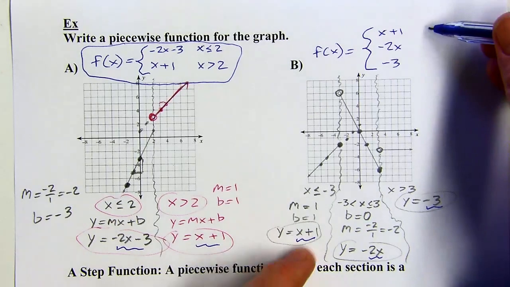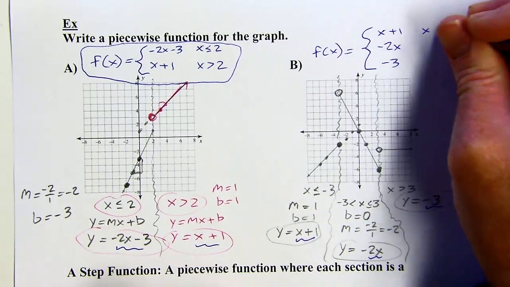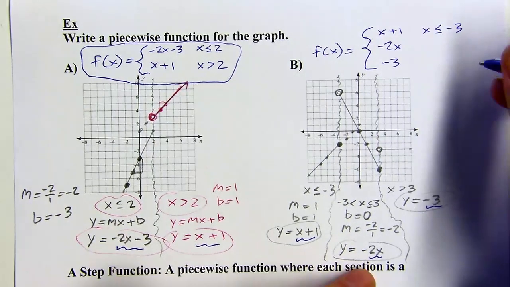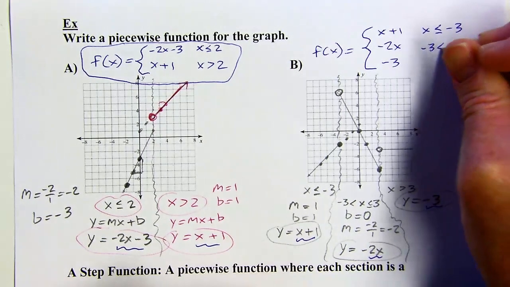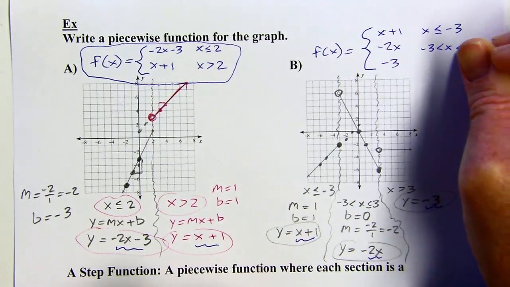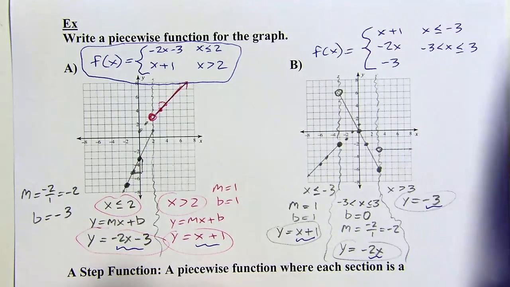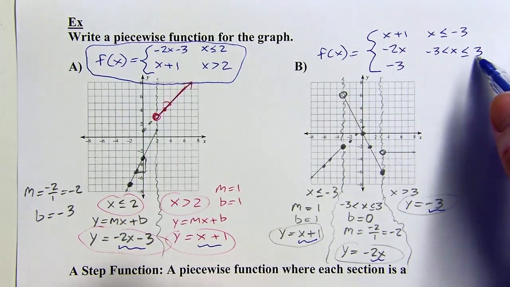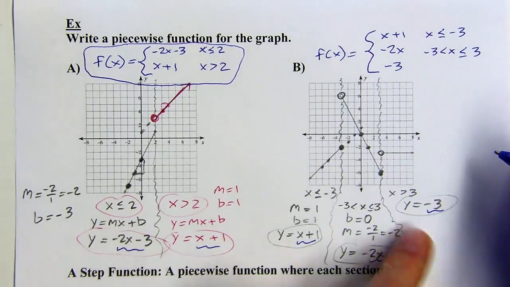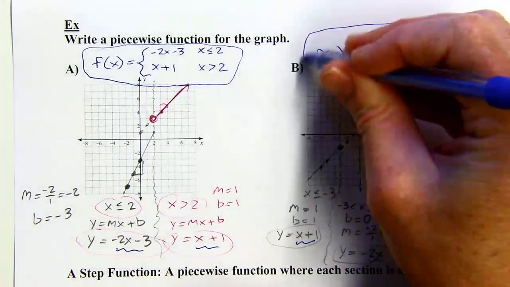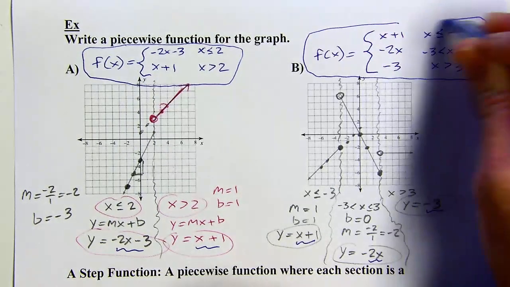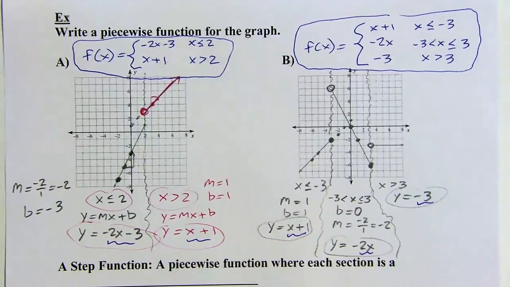So I'm using x plus 1 if x is less than or equal to negative 3. I'm using that middle one if I'm in this zone, between negative 3 and positive 3, with the positive included but not the negative. And then this is when my x's are greater than 3. Okay. All right.